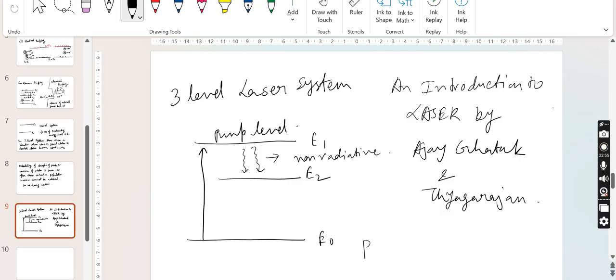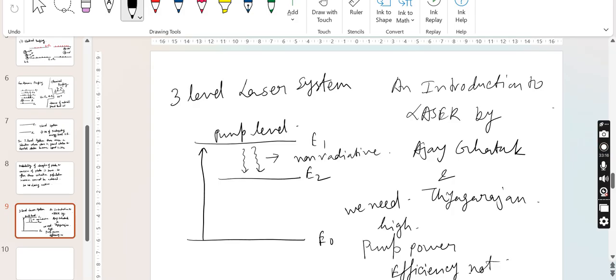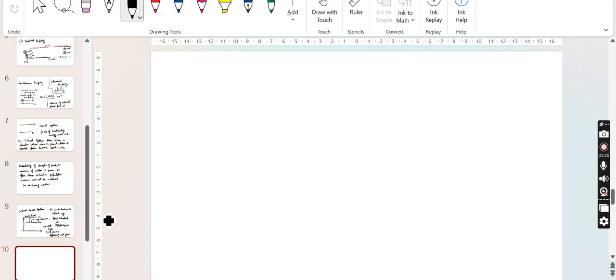So the pump power we need is very high, and efficiency is not that good, because to maintain the population inversion we need to pump so much. That's why we need a four-level laser system.